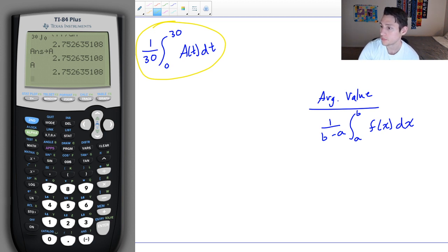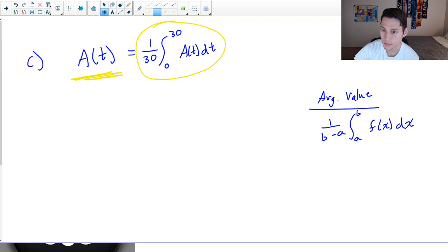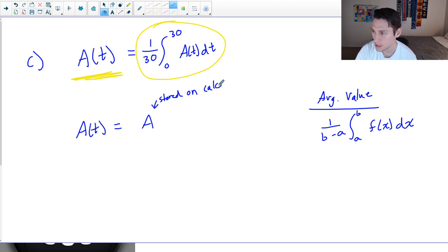Okay, so let me move this for a second. So basically, again, we stored this as A. But you could store it in any letter, B, C, D, whatever, you get it.